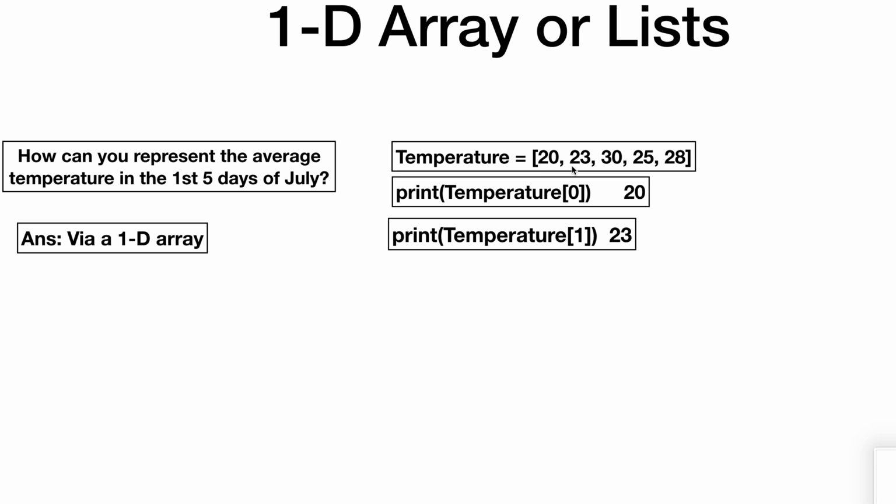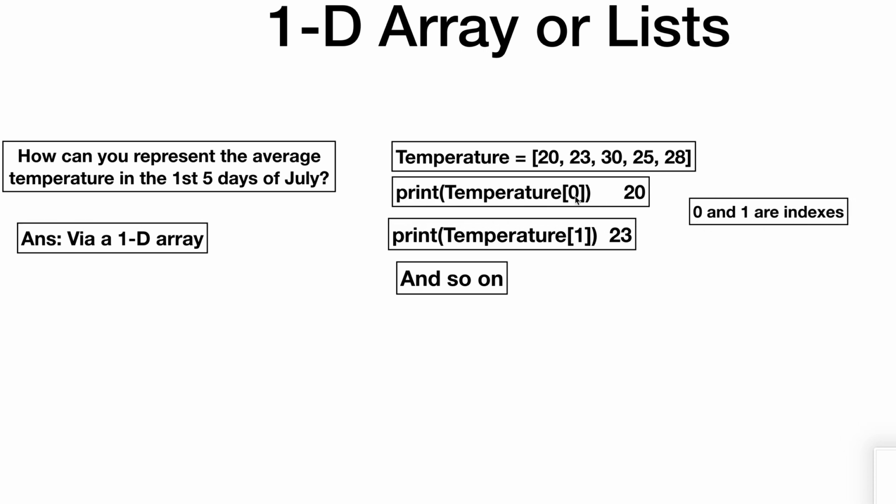So here we are accessing different items or different elements within the list. And so on. So print temperature 3 would be 0, 1, 2, 3, the output 25.